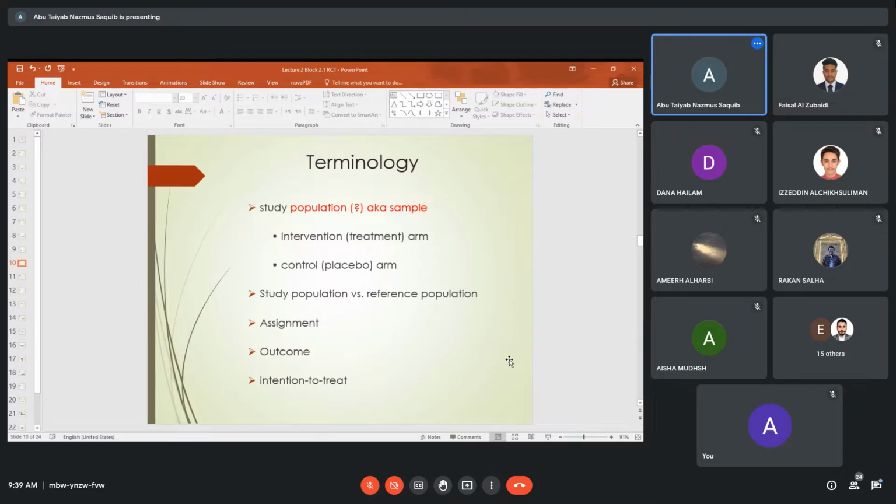The bias-free approach is intention to treat analysis. If there is an intention to treat analysis, there is a counter terminology. If you don't do an intention to treat analysis, what is it called? It is called the completer analysis. Those who completed the study, you only analyze them, but this often gives you a biased result.